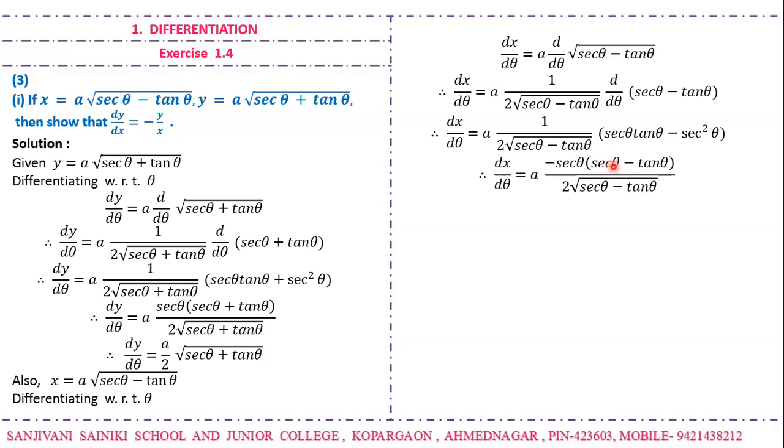Now again here one square root is there, and here there is the full expression. So this can be written as the product of two square roots, root of (sec theta minus tan theta) into root of (sec theta minus tan theta). So one will cancel with the denominator, and you get minus a by 2 in bracket root of (sec theta minus tan theta).